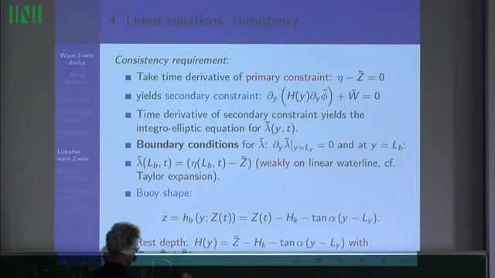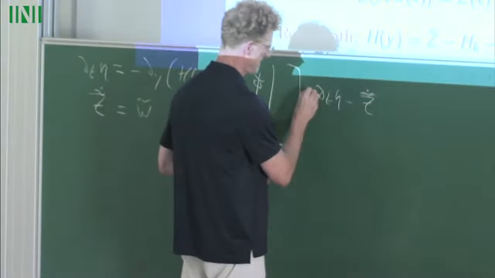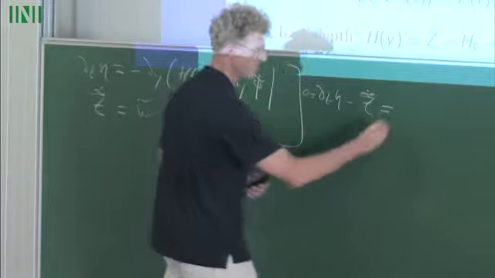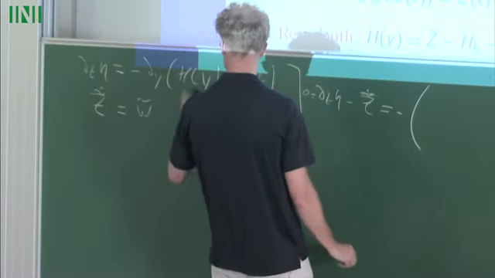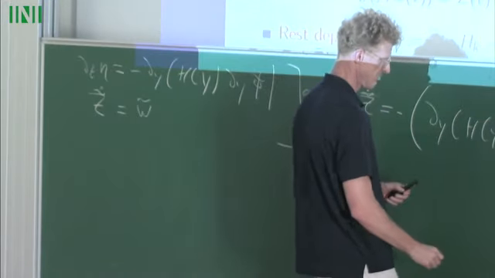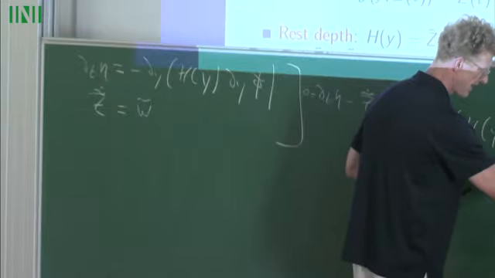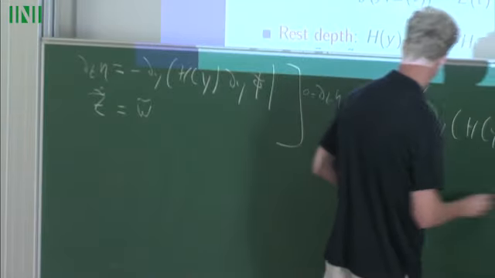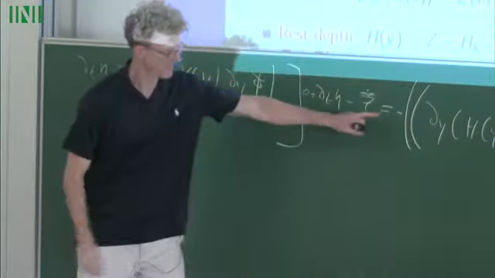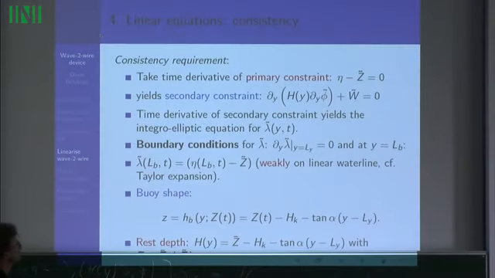So that means that d eta dt minus z dot tilde, that's 0. That should then be minus dy, h of y dy phi tilde minus w. And that gives me the secondary constraint, which I've written here, and I've taken off the minus sign.